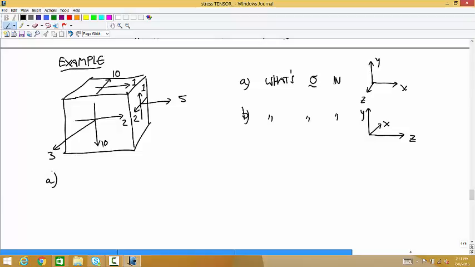Okay, so for part A, this stress tensor is 5, 1, 2. Then 1, 0, negative 10. Then 2, negative 10, positive 3.